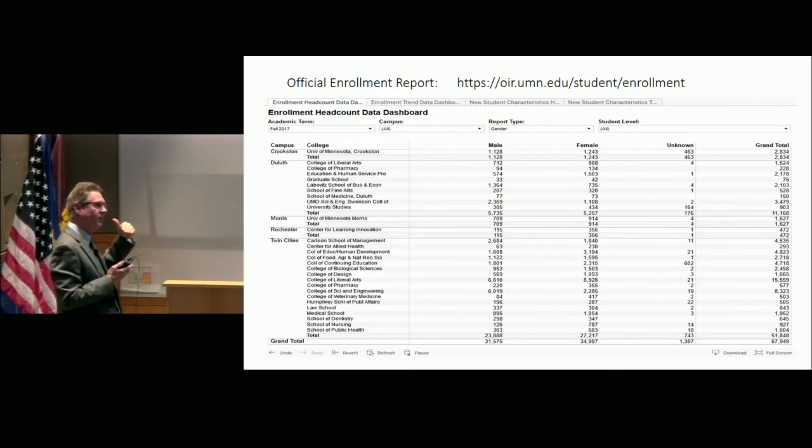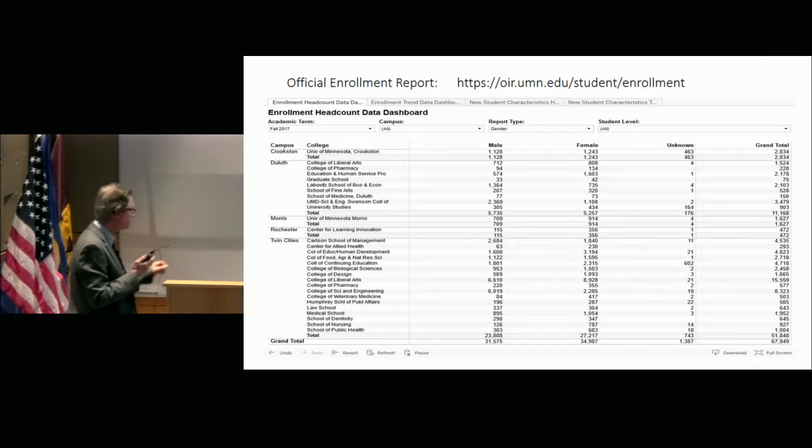It always leaves a few left over, and then those are manually checked to see if we can figure out the likely gender and assign that. The other way the feds allow us to do it is by ratios. We can take the unknowns, but we've chosen the assignment route, which is used by other schools also.